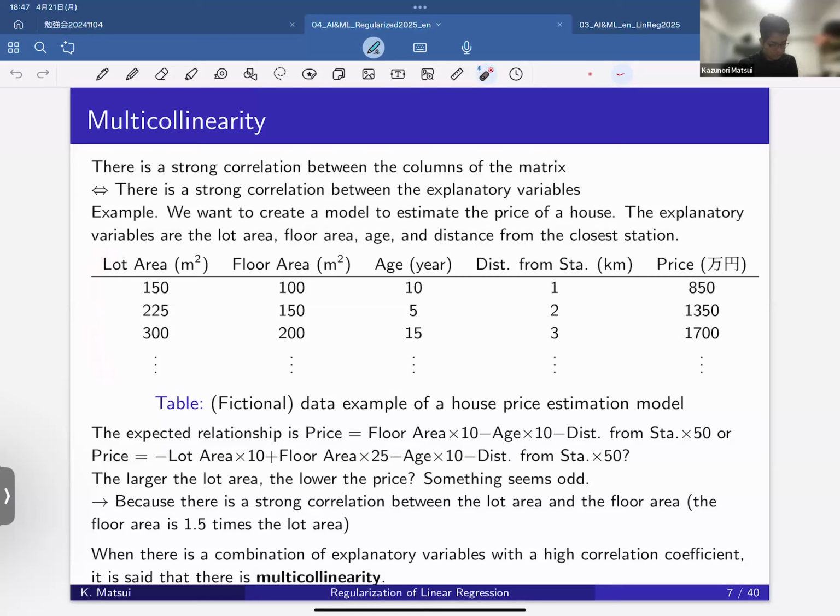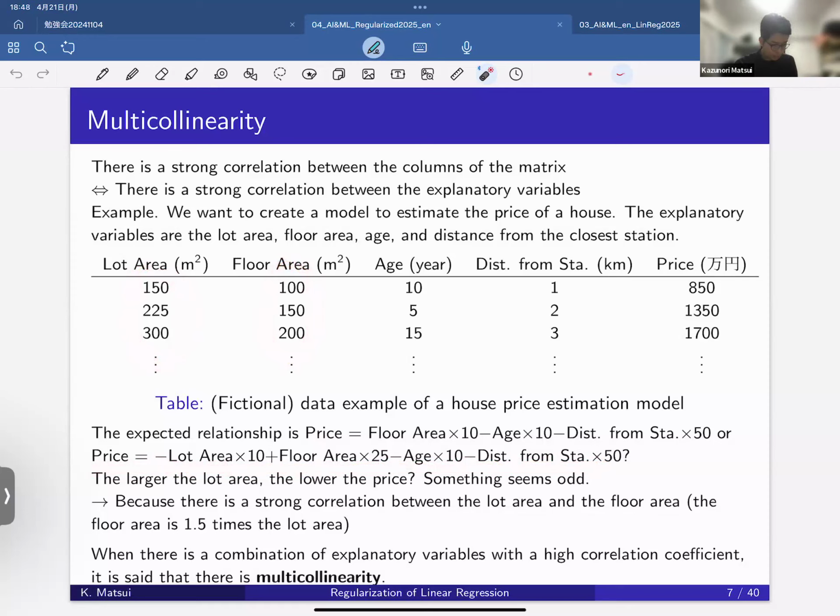The expected relationship might be: price is floor area times 10 minus age times 10 minus distance from station times 15, while price is minus lot area times 10 plus floor area times 25 minus age times 10 minus distance from station times 15 would give the same prices. This equation fits the data, but it strangely suggests the largest lot area leads to lower prices. Something seems wrong. The trick is that there is a strong correlation between lot area and floor area.